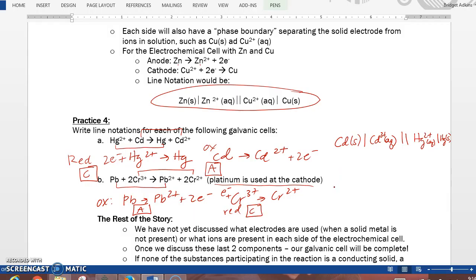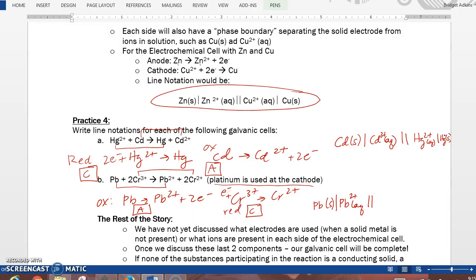So how that works is, nothing's different about the anode side. So we have Pb solid, single line, Pb2+, and that's aqueous. Still divided by the salt bridge, but we're going to do this a little bit differently. Instead of saying Cr3+ single line Cr2+, I'm going to say what happens, and then I'm going to do a single line and what the electrode is actually made out of.